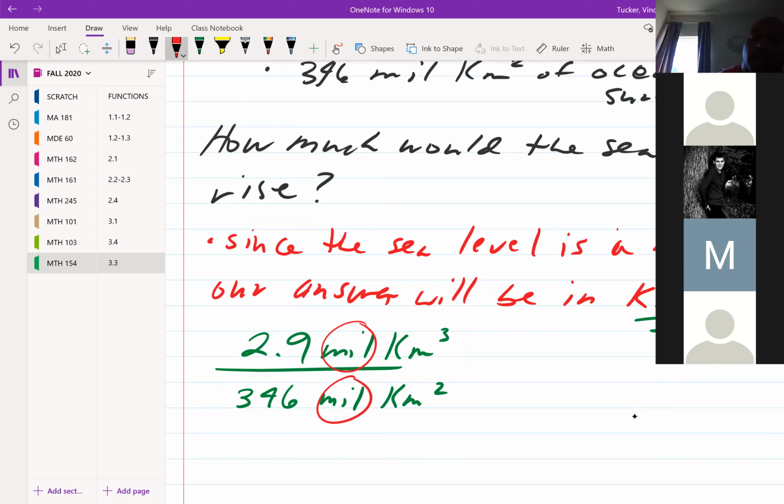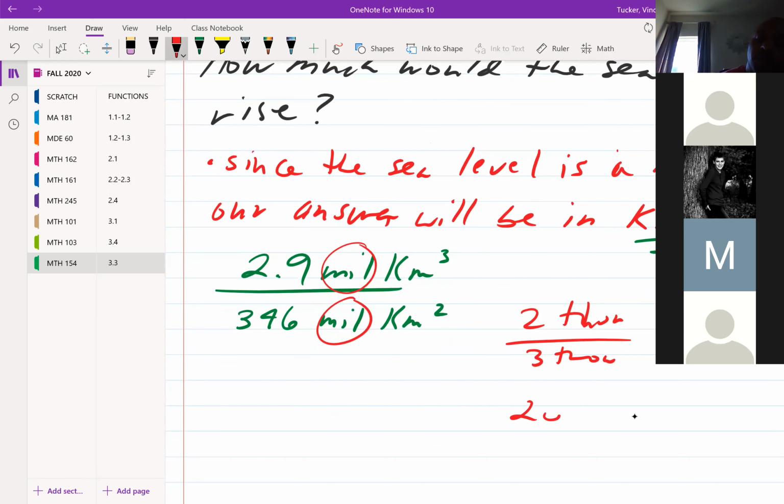So just like if all of them were 1,000, let's say if I had 2,000 over 3,000, you know, that would be 2 with 3 zeros. Well, they would cancel out. So in other words, I didn't have to write that out. I recognize that thousands cancel out and just leaves me with 2 over 3. But the same thing happens with the million. If I were to write out my 6 zeros, those 6 zeros will cancel out on top and bottom.